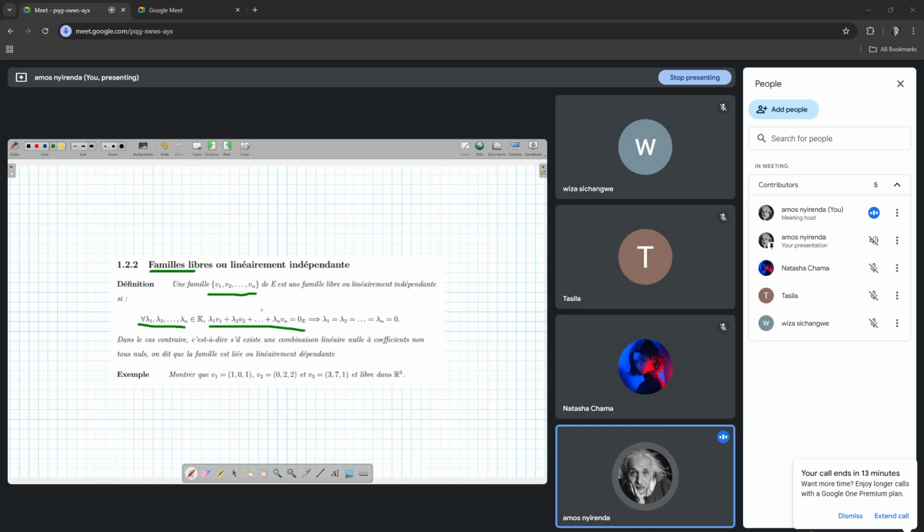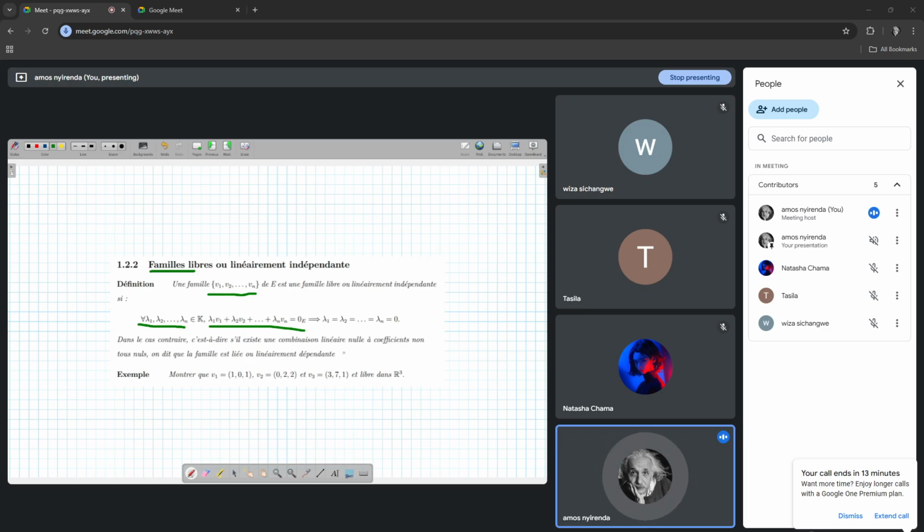if the linear combination of these vectors, remember, that's the key, V1, V2, and Vn is equal to 0, and if that implies that the coefficients lambda 1, lambda 2, up to lambda n are equal to 0, then this family of vectors is going to be libre. I'll repeat.